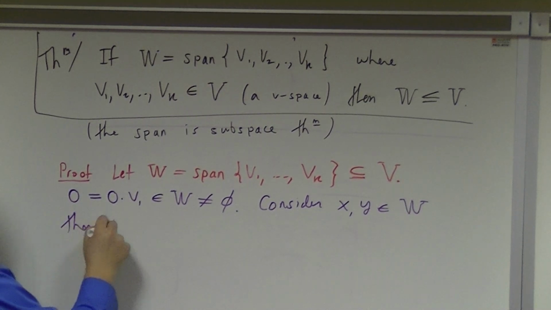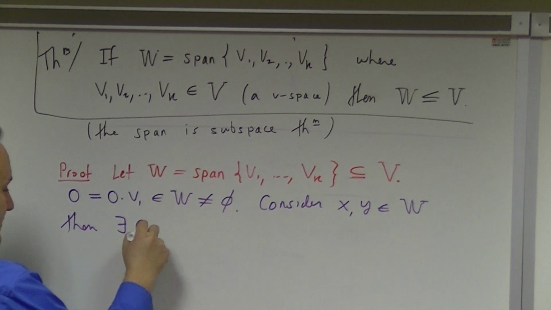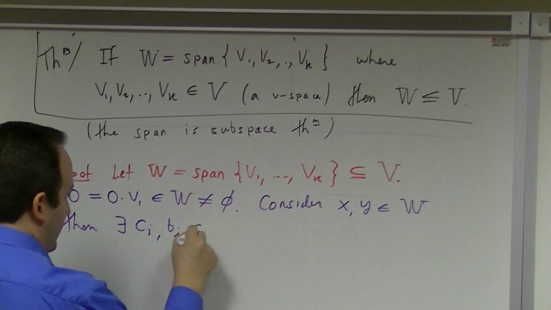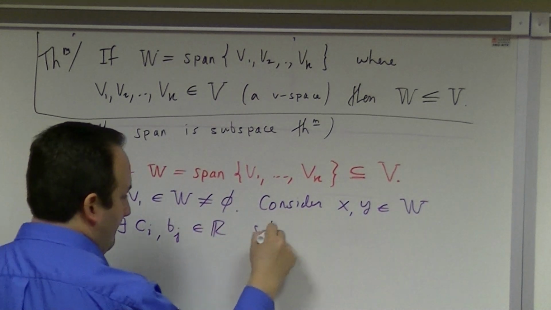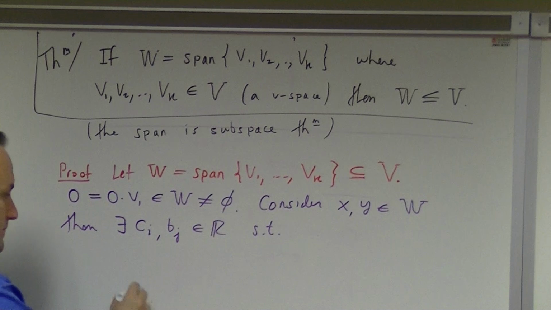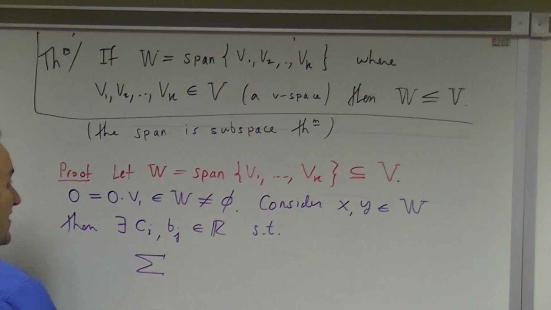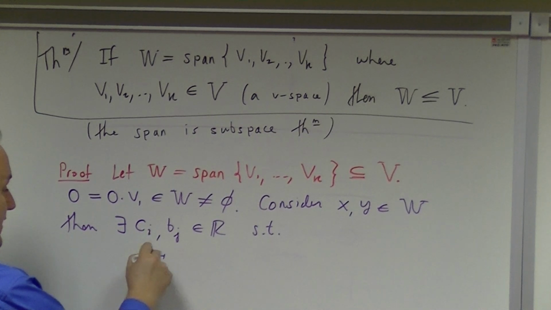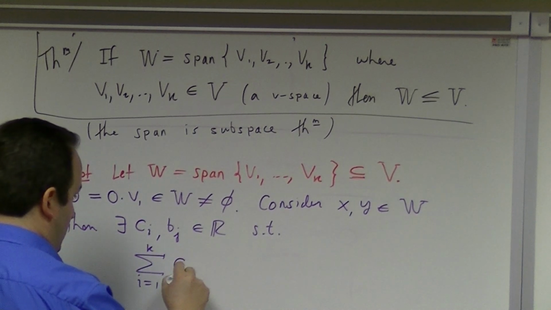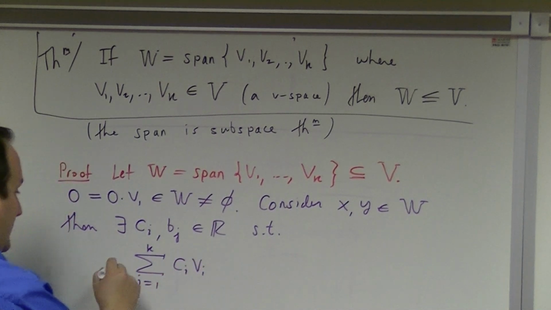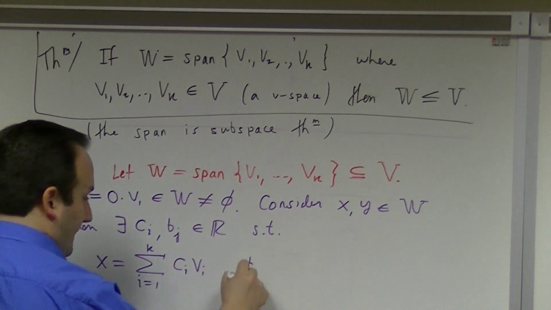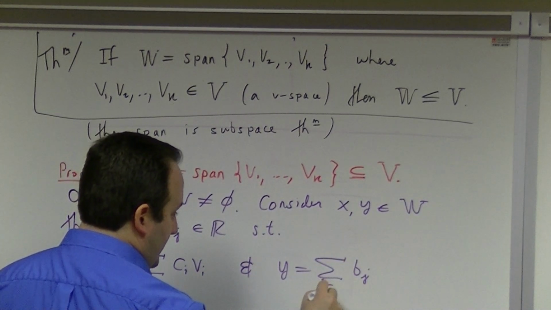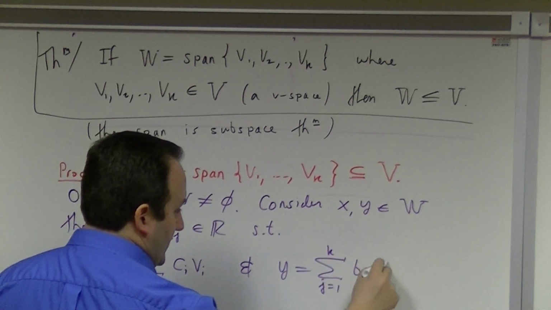Then there exist, let's say, ci and bj in the reals, such that the sum i equals 1 to k of ci vi is giving me x, and on the other hand, y is equal to a sum of other coefficients, the sum j equals 1 to k of bj vj.